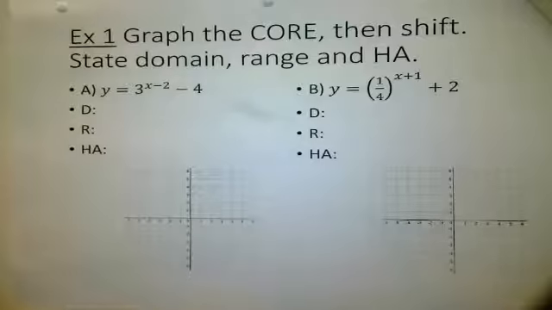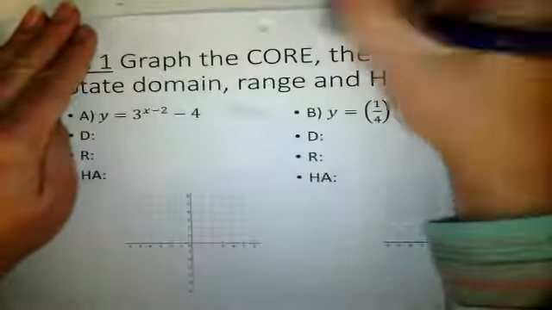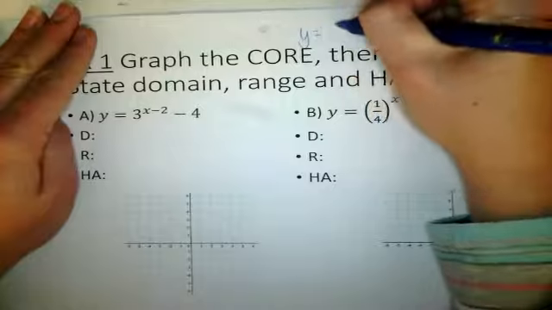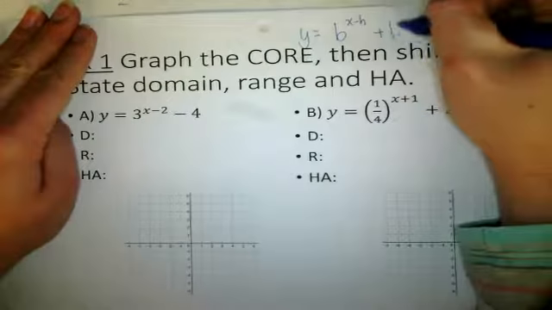Now, the nice thing is, once we know the basic shape, I don't have to work nearly as hard to graph these functions. So example 1, we're going to graph the core and then shift it, just like we have been with h's and k's. Let me show you what the standard form looks like: y equals b to the x minus h plus k.